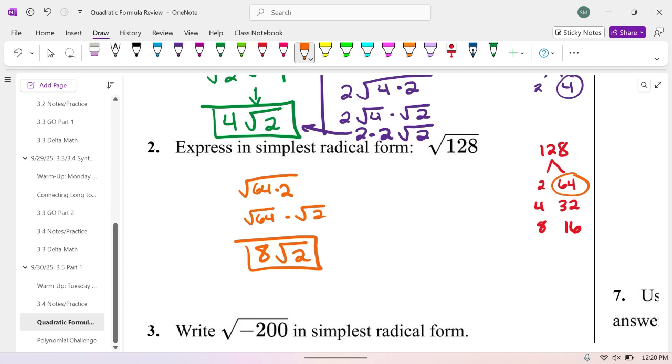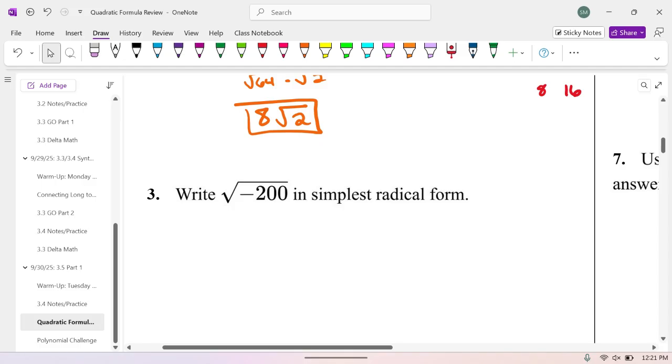Now, that's if it's a positive under the radical. A negative under the radical is pretty much the same thing, except there's one more thing we got to do first. If you have a negative under your radical, you talked about this back in math 2. Does anyone remember what you got to take out to make it positive? So, technically, if you put the square root of negative 200 in your calculator, you will get an error because it's not a real number.